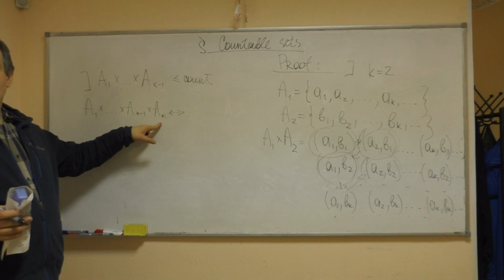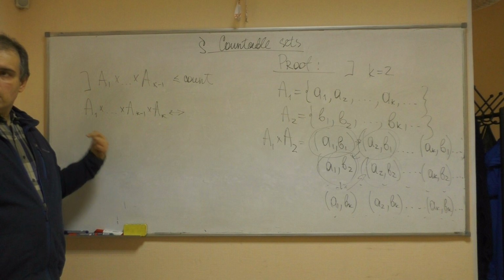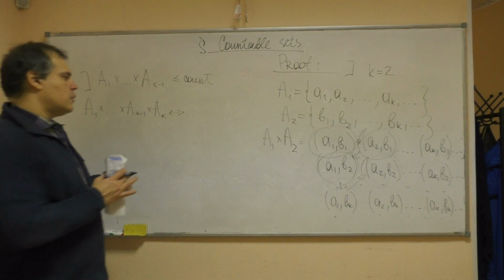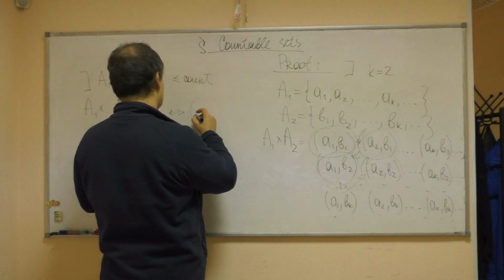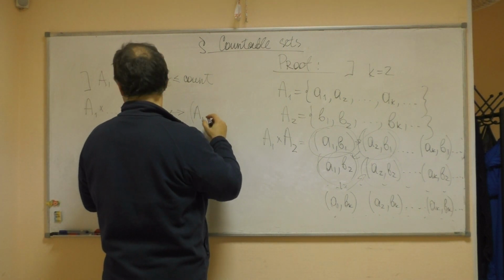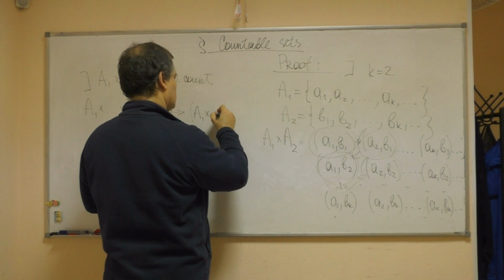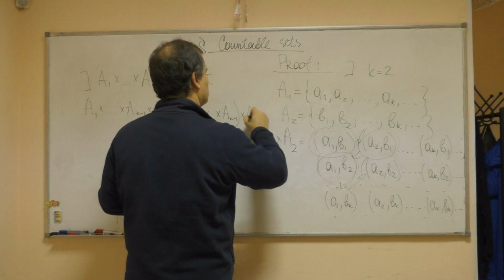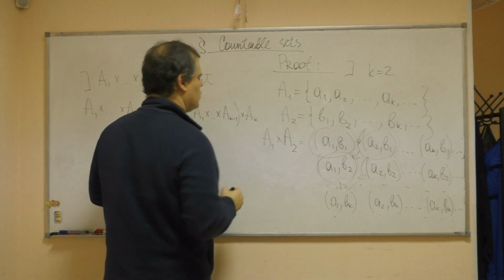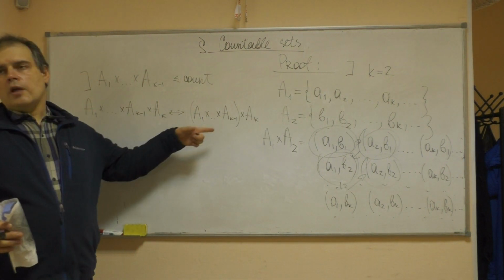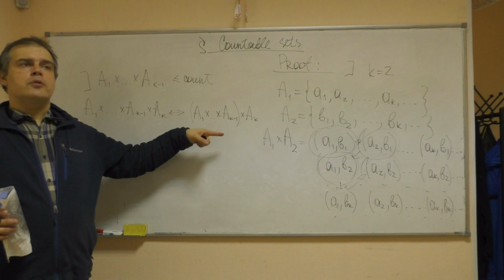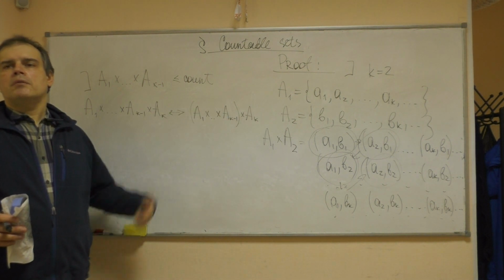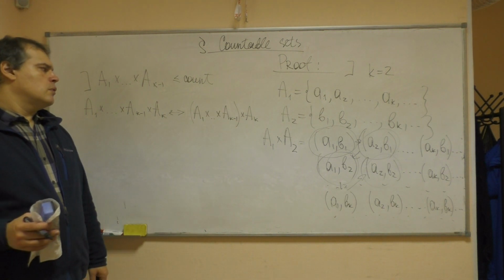It is a set of k-dimensional vectors, and we can represent these vectors in this form: a k minus 1 dimensional vector multiplied by the last dimension.